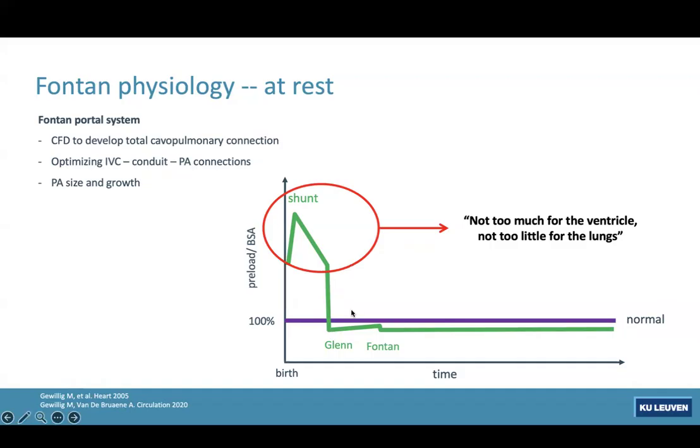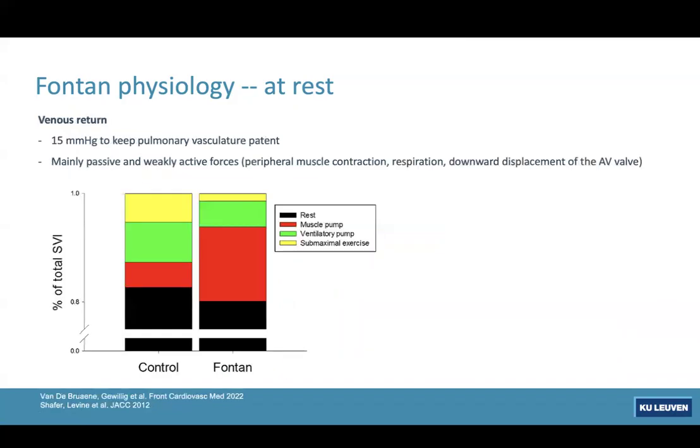If you're here, you're a little bit preload insufficient, and that is when it's impossible to make those pulmonary arteries grow. Obviously, as adult congenital cardiologists, that's not what we're dealing with. We get those patients from the pediatric department, and that's how they are constructed. But still, it's worthwhile going back into the files, looking at how those Fontans were made.